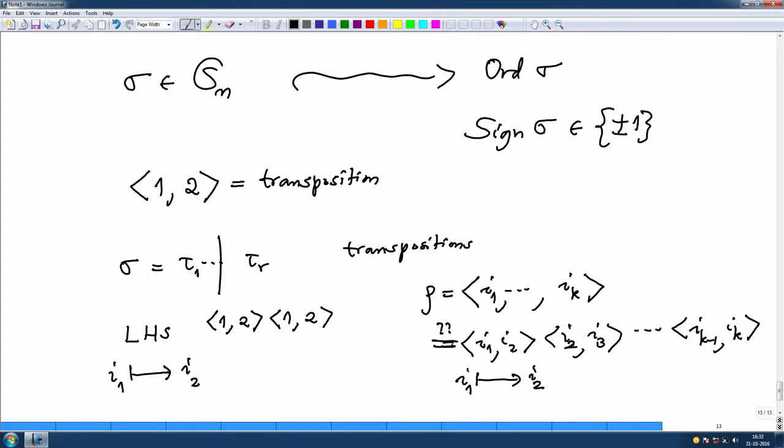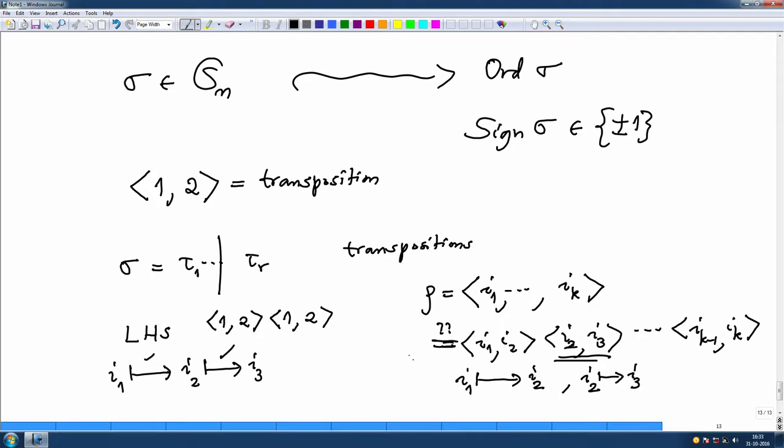Now let us check where i2 goes. Here i2 goes to i3 on the left hand side. On the right hand side, as long as you don't reach here, all these keep i2 fixed. The first time i2 moves is this transposition, and then i2 is moved to i3, and here i3 is fixed. So i2 goes to i3, which is also here.